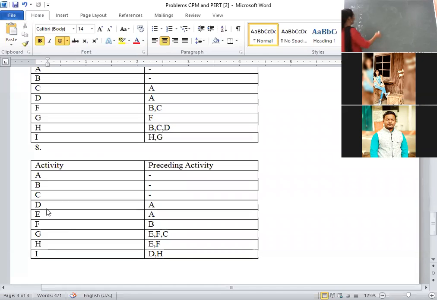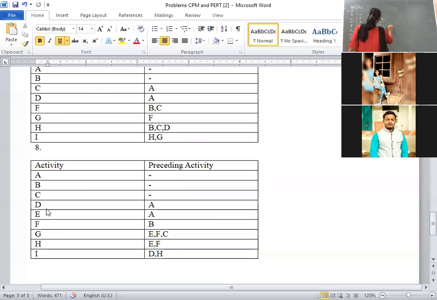Here, A and B don't have any predecessors. If you observe carefully, A is completed, then C. A is completed, then D. B and C are completed, then F. That's why I am taking A, B vice versa, because I know that B and C have F. A doesn't have any predecessor, B doesn't have any predecessor.